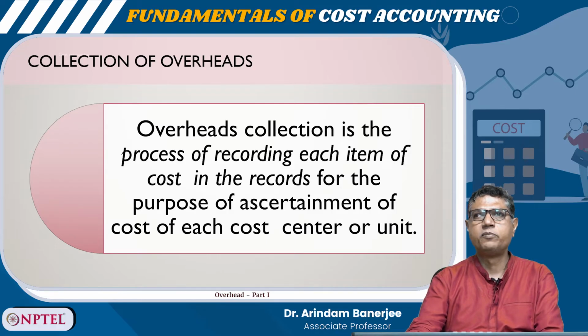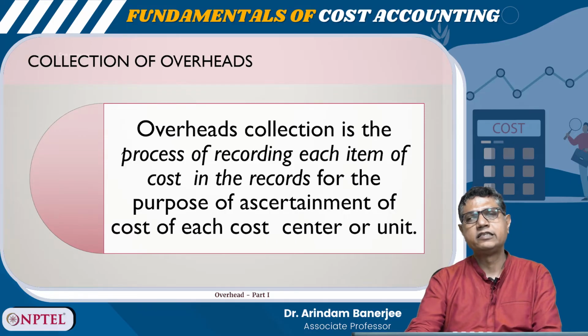Overhead collection is the process of recording each item of cost in the records for the purpose of ascertainment of cost of each cost center or unit. All these overhead costs need to be collected. Why? What is the fundamental objective? The fundamental objective is the ascertainment of cost of each unit or cost center.